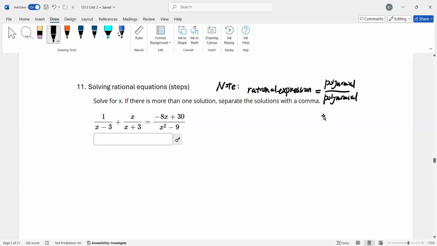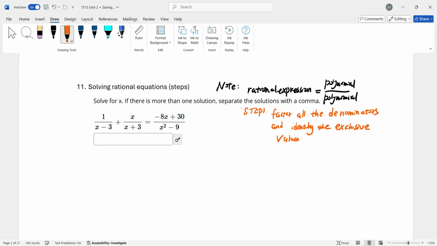Okay, the procedure, I think, has 5 steps. Let me write it down, okay? Step 1 is we factor all the denominators and identify the exclusive values of x.